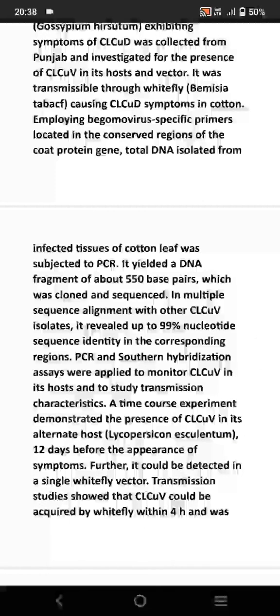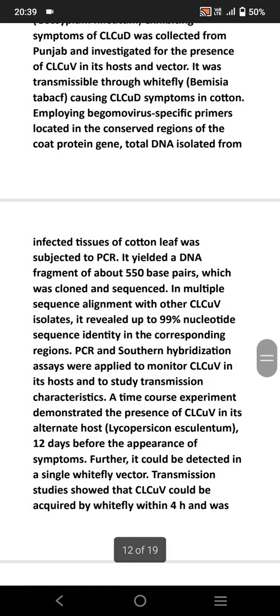It yielded a DNA fragment of about 550 base pairs, which was cloned and sequenced, and multiple sequence alignment with other cotton leaf curl virus isolates revealed up to 99% nucleotide sequence identity in the corresponding regions.